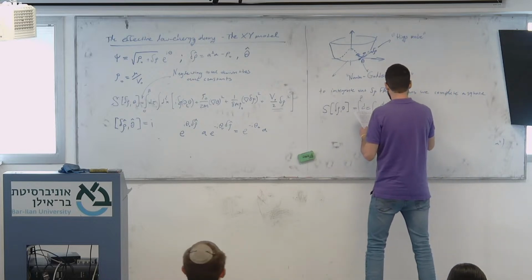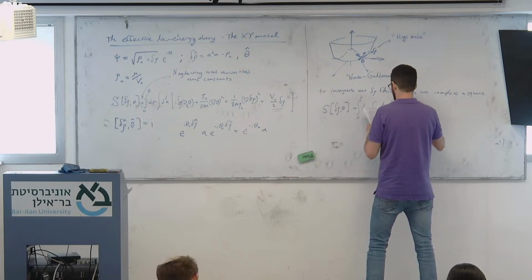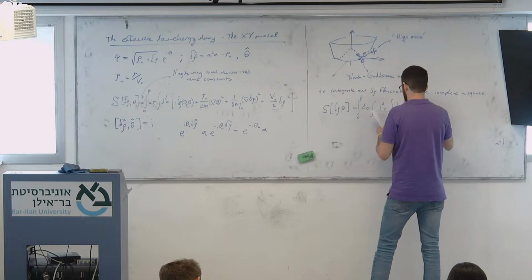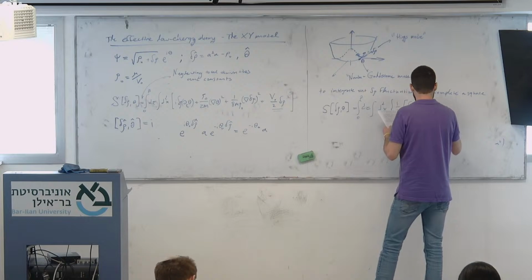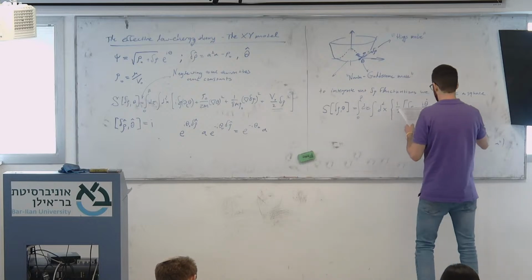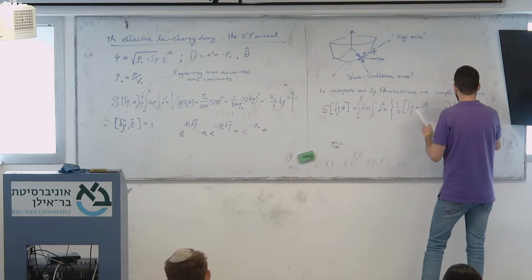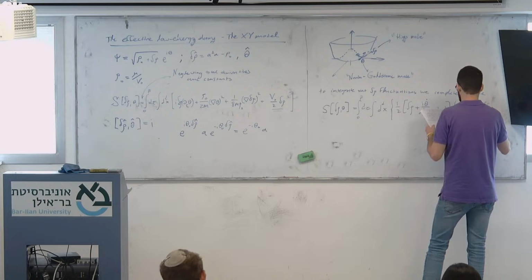So if I complete a square, I get delta rho plus I theta dot divided by 2 times V naught over 2 minus Laplacian over 2m rho naught, times V naught minus the Laplacian of 2m rho naught, times delta rho plus I theta dot divided by 2 times V naught over 2 minus Laplacian over 2m.